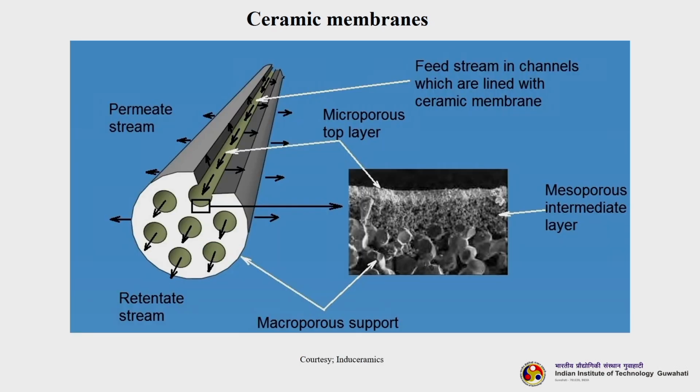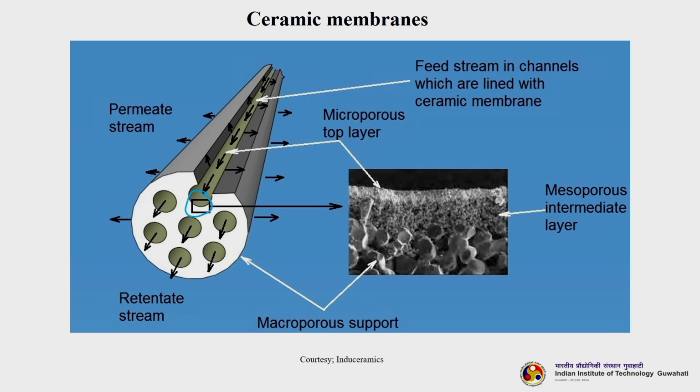So, let us carefully look at this particular slide which tells us about the hollow fiber ceramic membrane and its scanning electron micrograph image. You can see how the membrane actually looks. This is the mesoporous intermediate layer, right.